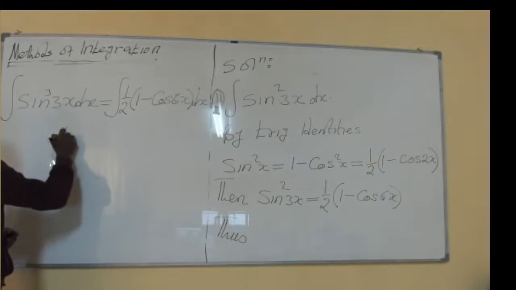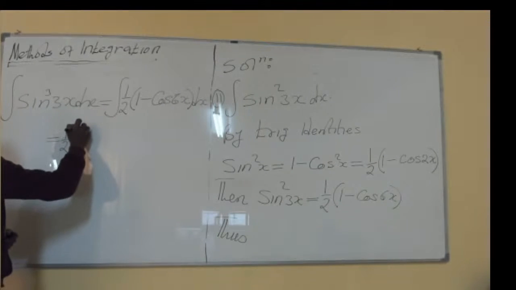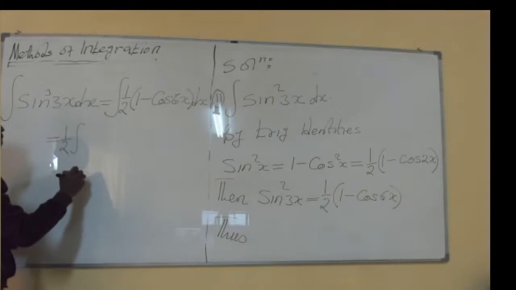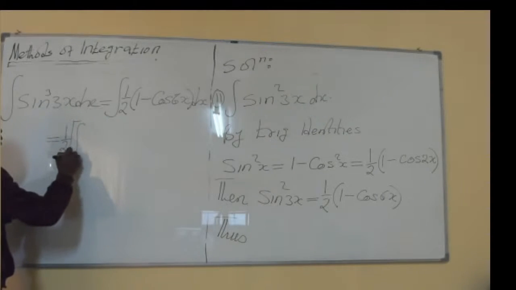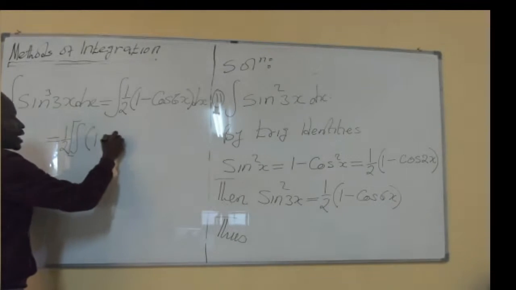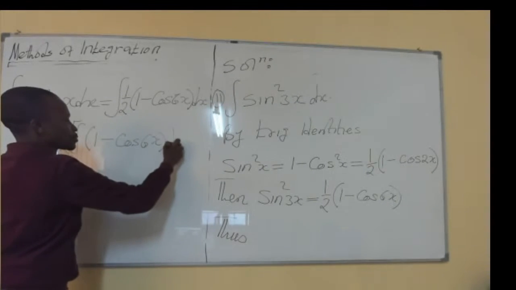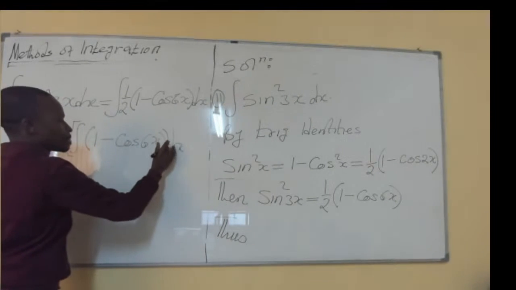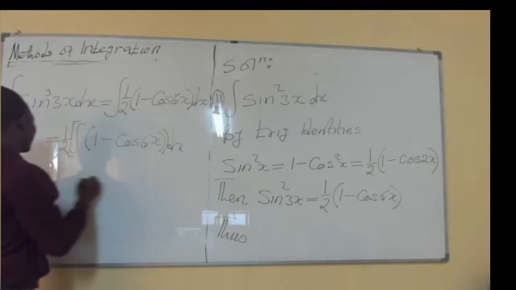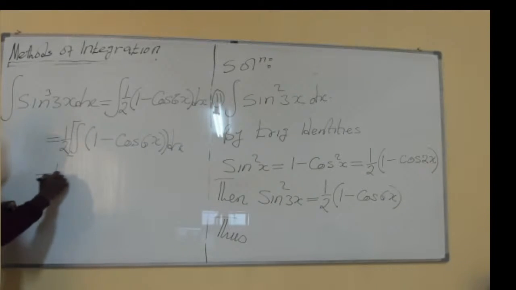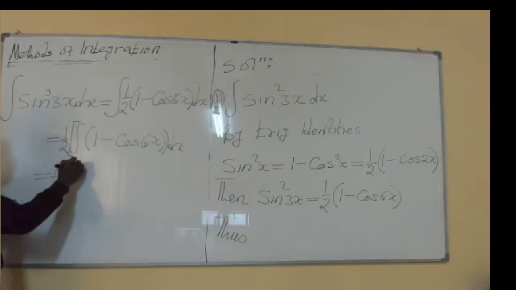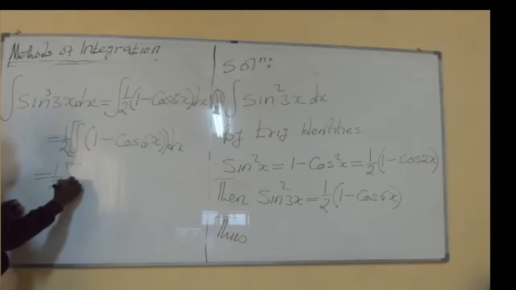which is the same as half times the integral of 1 minus the cosine of 6x dx. 1 over 2. By linearity, the integral of 1 is x.